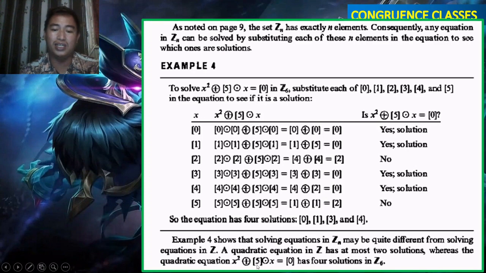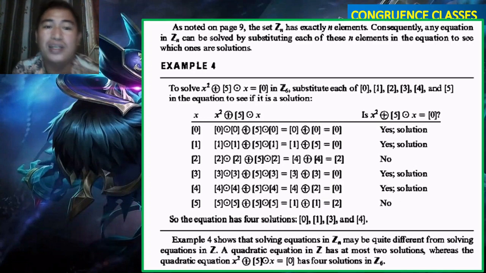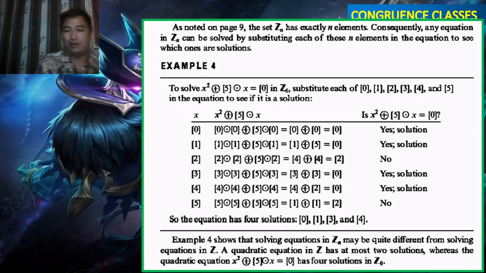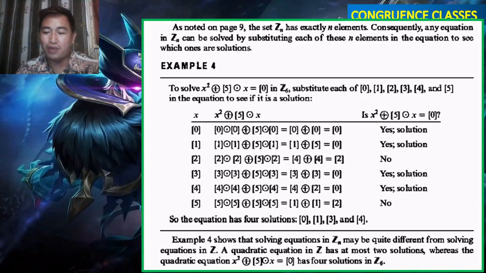Whereas the quadratic equation x squared plus 5 times x is equal to 0 in Z6 has 4 solutions. So, quite different ito sa Zn.